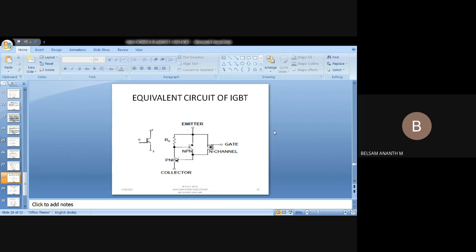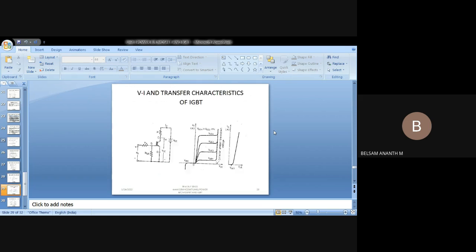If you take the equivalent circuit, you have two NPN transistors connected back-to-back, along with a BJT terminal. All together they constitute the equivalent circuit of the IGBT. You have an emitter and a collector, and the bases are interconnected. That means you have a gate, a collector, and an emitter. Please remember, these are the three important terminals of your IGBT.